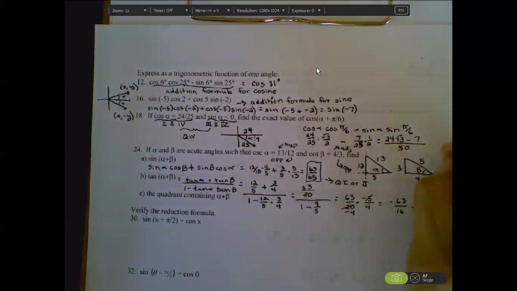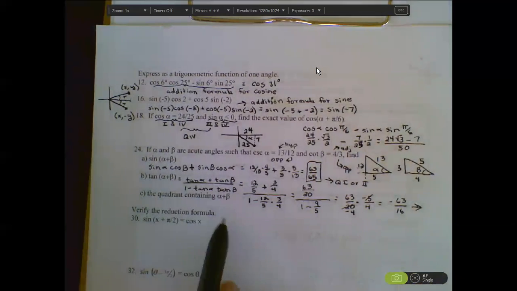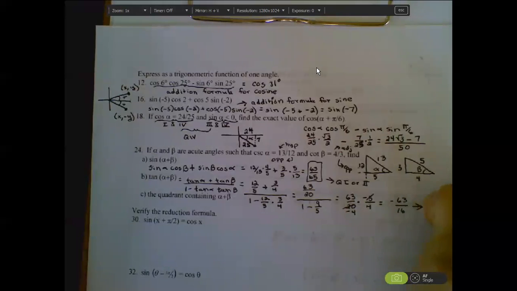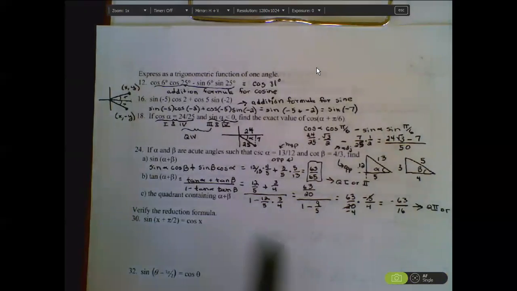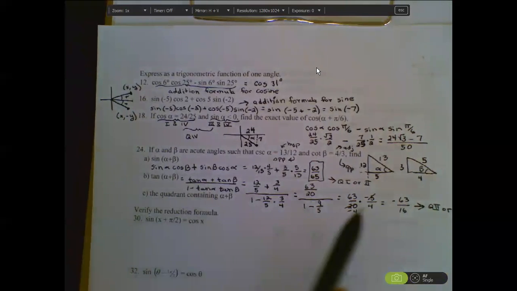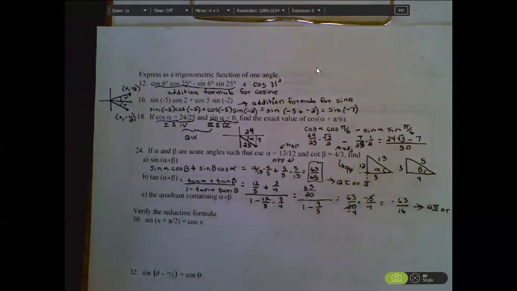Yes, where you have a positive divided by a negative or a negative... not 1 or 3. That's where tangent is positive. Oh, yeah, sorry, 2 or 4. Okay, tangent's negative in either 2 or 4. So what quadrant does alpha plus beta have to be if sine is positive and tangent is negative? 2. Yeah.